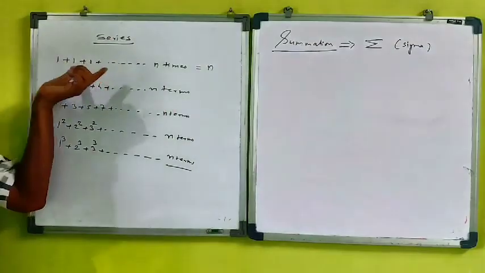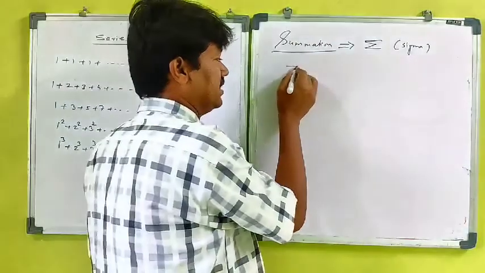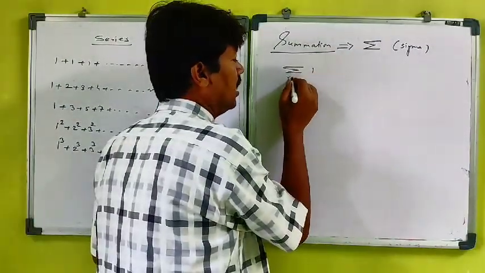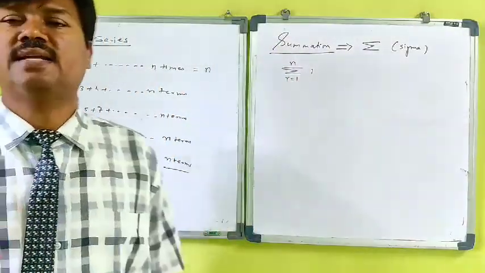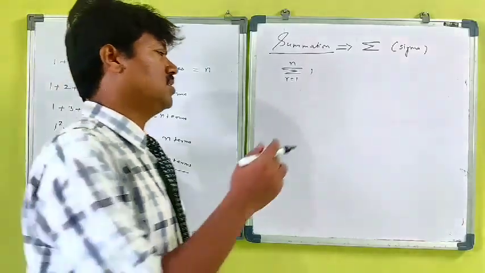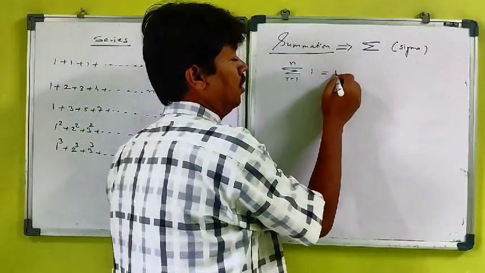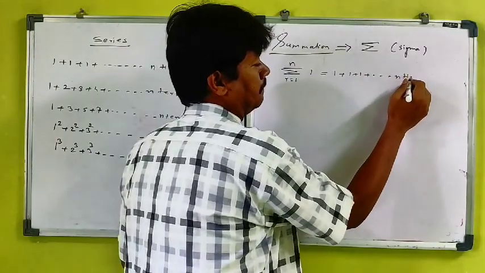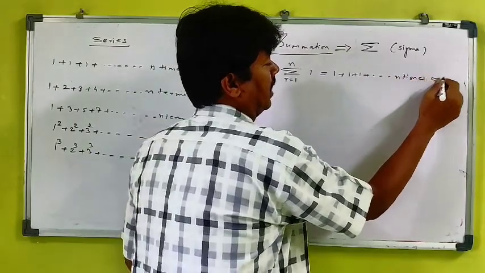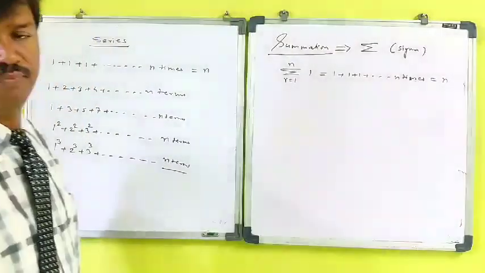Look at this one, 1 plus 1 plus 1. We write sigma 1, r is from 1 to n. It means you are adding 1, n times. This is nothing but 1 plus 1 n times, and the answer is n.